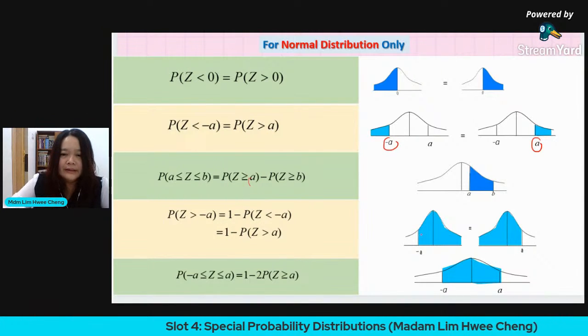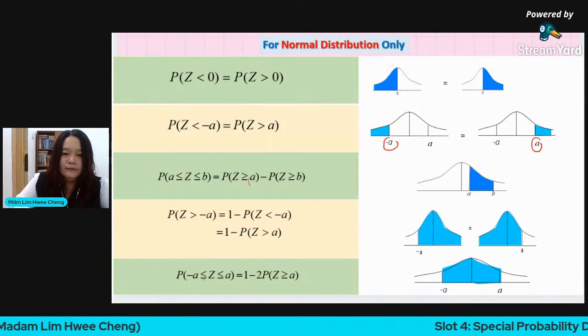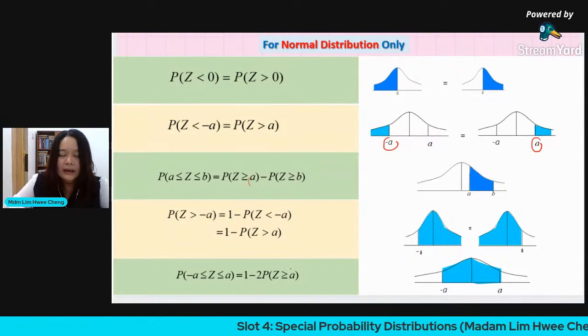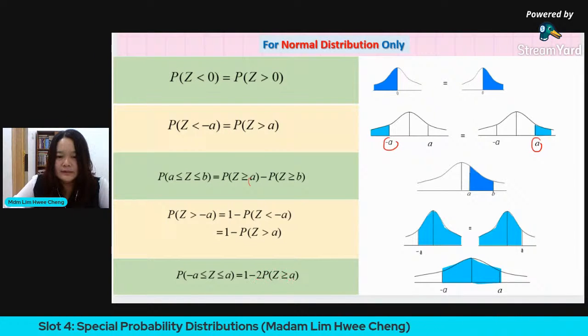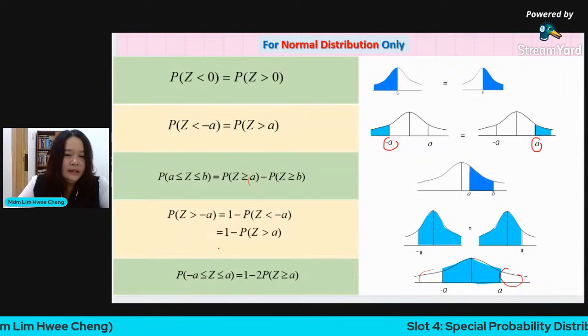For z greater than -a, this is equivalent to 1 minus the probability z greater than a. And if you want to find the probability in between -a and a, you have to do 1 minus 2 times the probability of z greater than a. That means we just subtract these two parts, so we get the region in between.